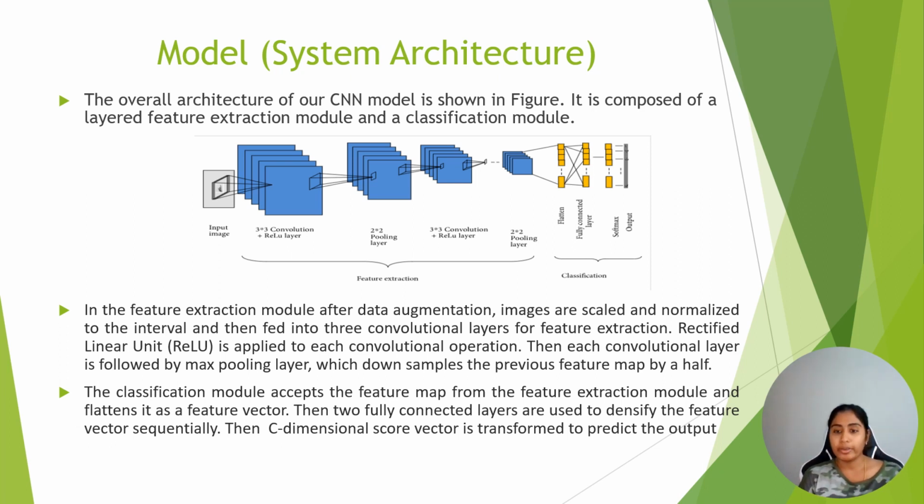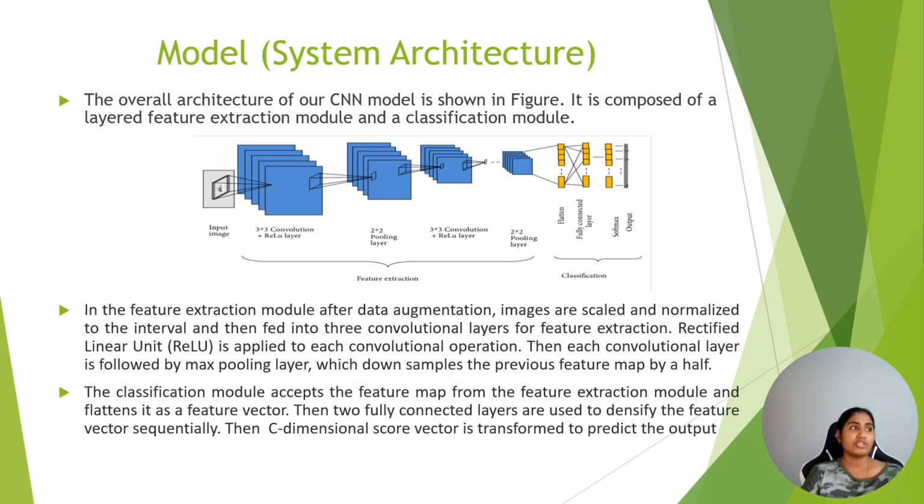After data augmentation, which is one of the image processing techniques, images are scaled and normalized to get uniformity, and then they're fed into the convolution layers for feature extraction. Each convolution layer is followed by a rectified linear unit, and then by a max pooling layer. What the max pooling layer does is downsample the previous feature map by half.